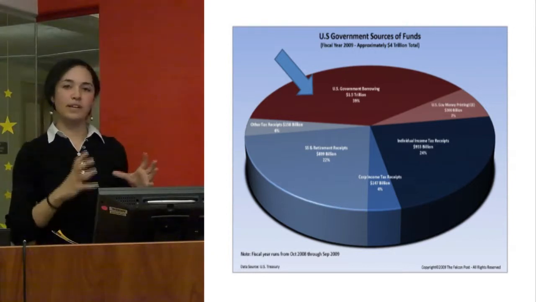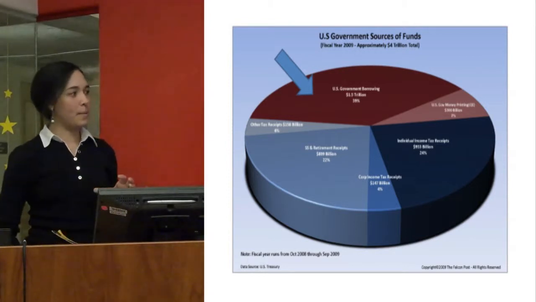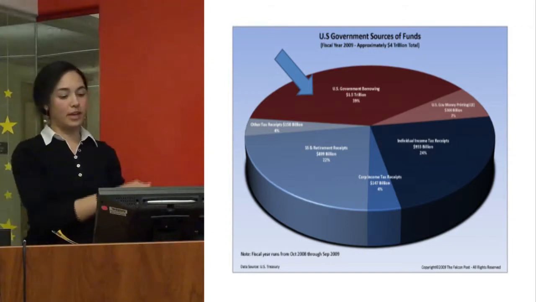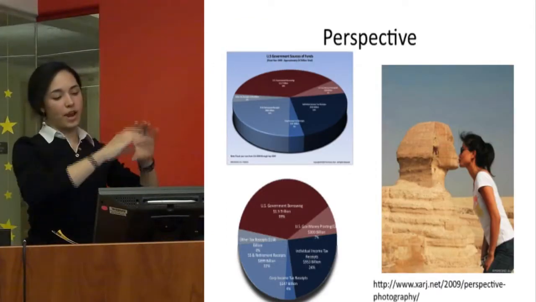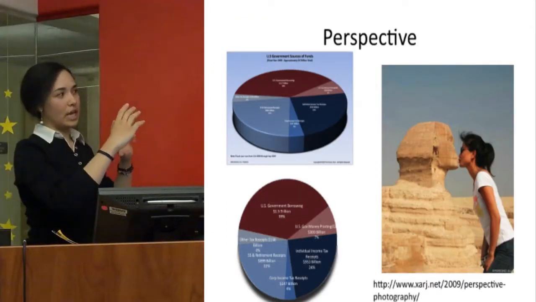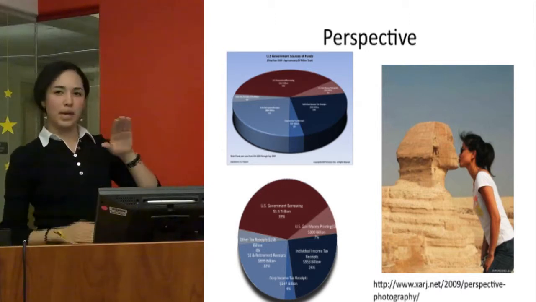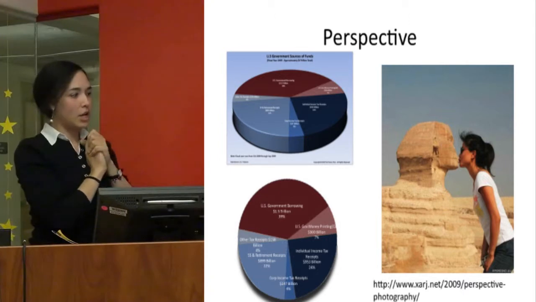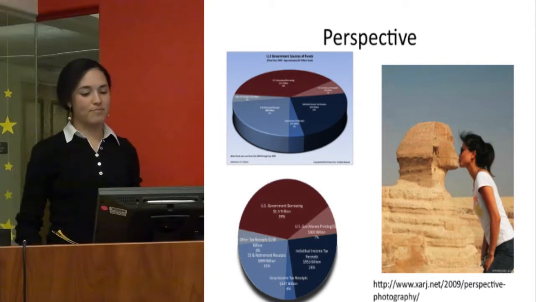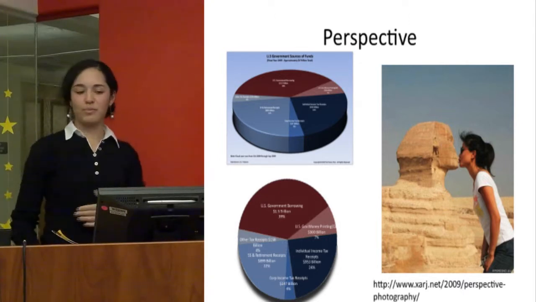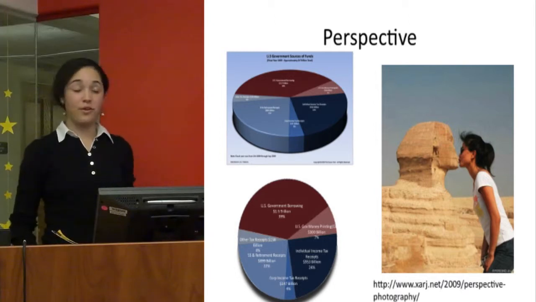A good example of perspective in graphs is the pie chart that we were looking at when we flip it straight up. When we turn it into 3D and change our perspective, it makes things appear like they aren't really. So here's another fun thing that can happen with perspective when we're taking photographs.